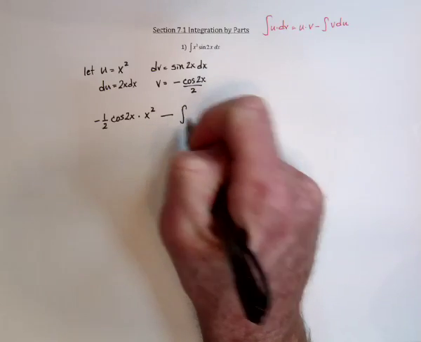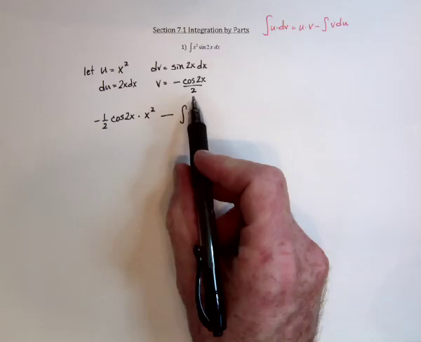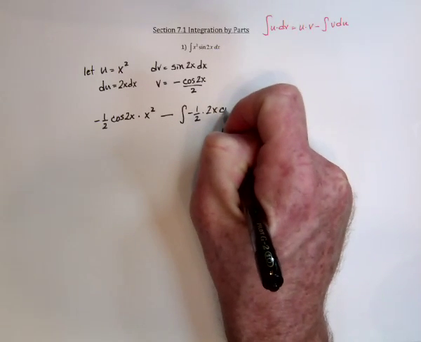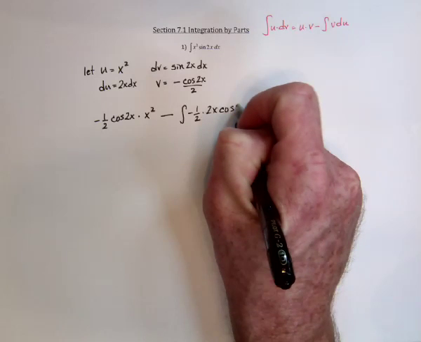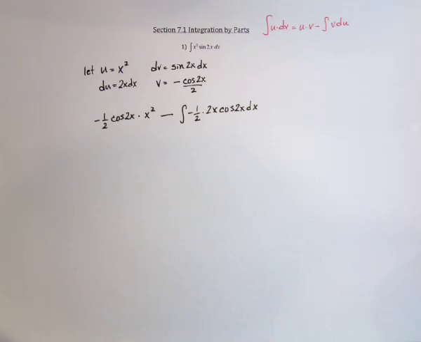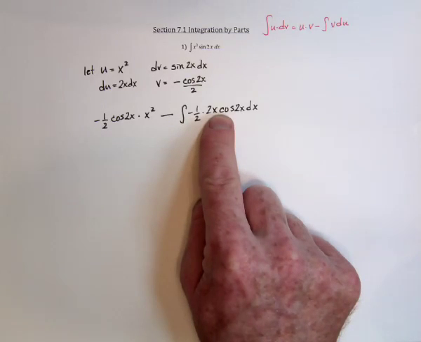Minus the integral of negative 1/2, so that's for that. And then I'm going to put the 2x, and then the cosine of 2x.